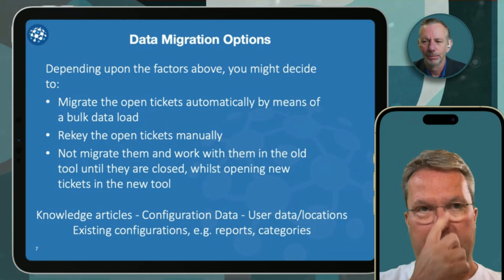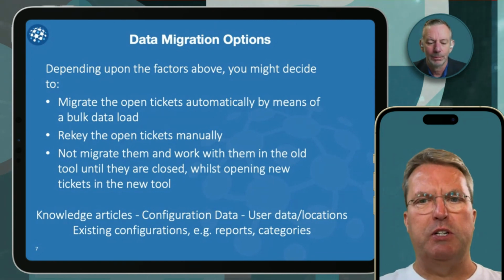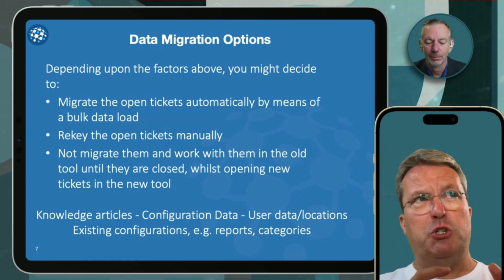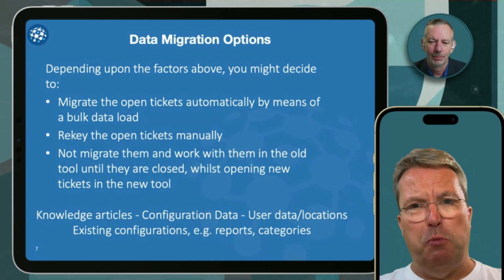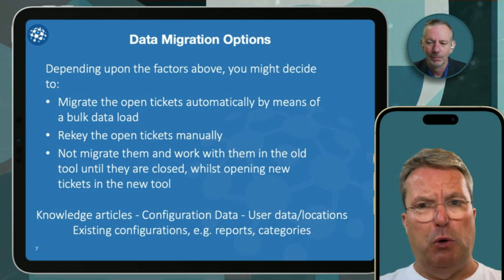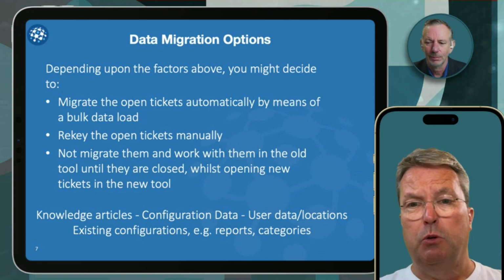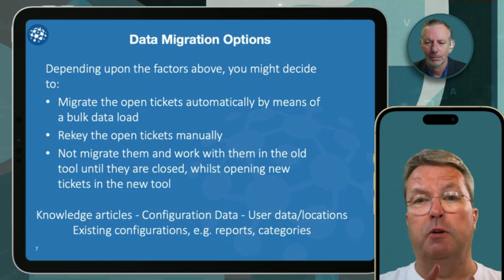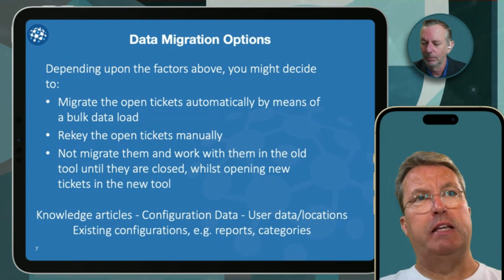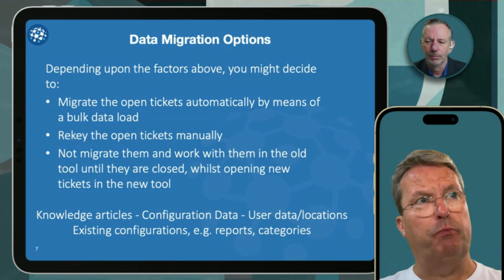Don't try and migrate it because of those issues that we just discussed. You might choose, if you've got a very small number, to rekey the open tickets manually in your new tool. Potentially that's possible for problems, typically they're lower volume. But again, could be high maintenance and high effort to do.